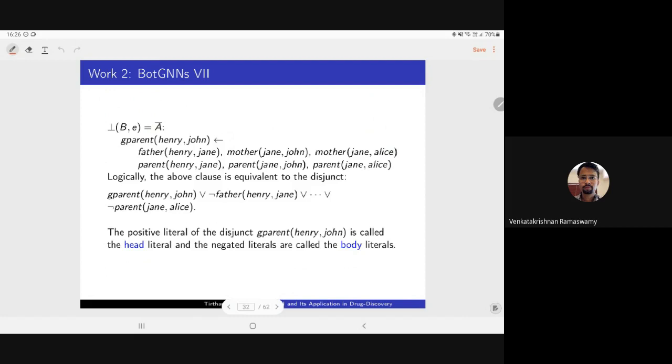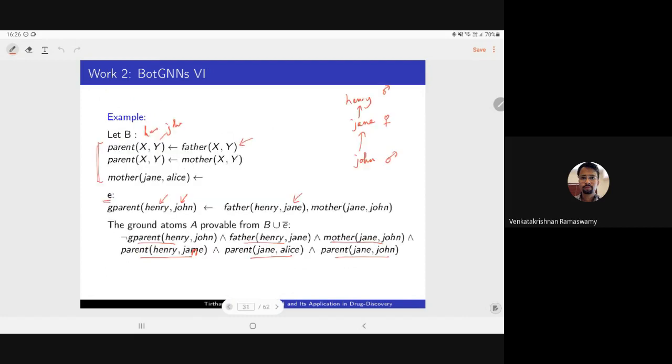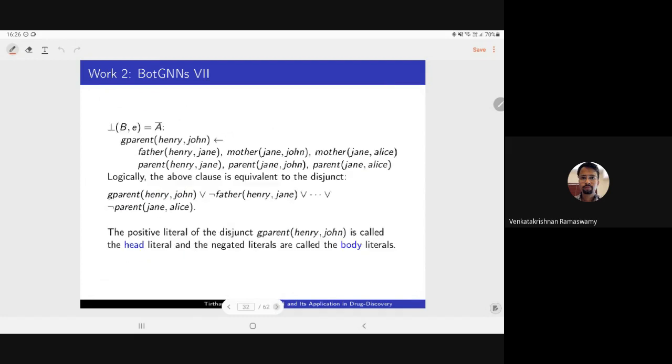A simple way of writing this is as a set: grandparent, then father, then mother, and all that. When you convert to another representation, representing the set as a clause, the negated guy becomes the head of the clause, and the other guy becomes the body, that is, antecedent and consequent.